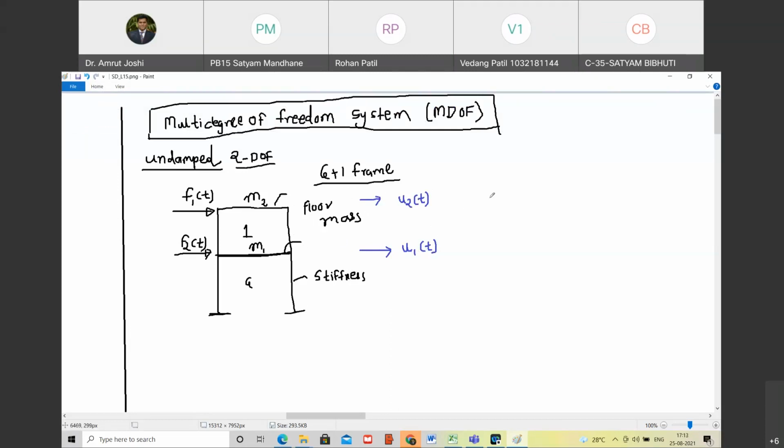That is my assumption to start with. Are you with me? Yes, sir. And both are positive. So if this is my x direction, both are towards right. Happy?